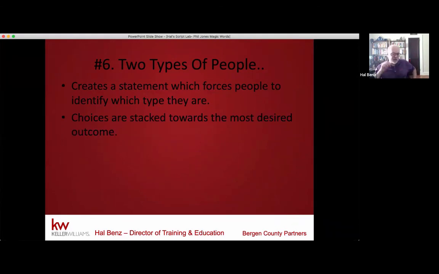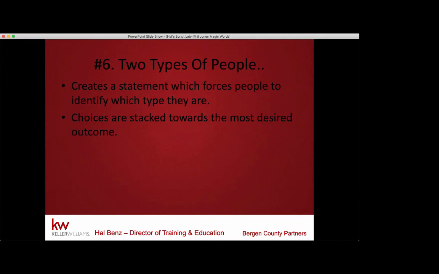Has anybody used this in a real estate related context, or could think of how you'd use this phrase to steer people into a decision that you want them to make in a real estate context? Love somebody to take a shot at this. The easiest one is there's two types of people in this world, decision makers and non-decision makers.